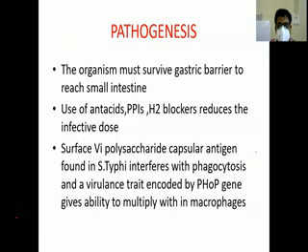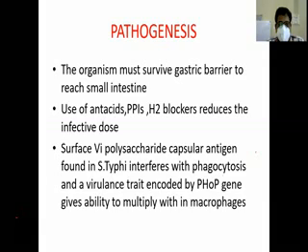Coming to pathogenesis. This organism must survive a gastric barrier to reach the small intestine. As you know, its route is fecal-oral, and once it enters the stomach, it should survive the gastric barrier. Use of antacids, proton pump inhibitors, and H2 blockers reduces the infective dose.